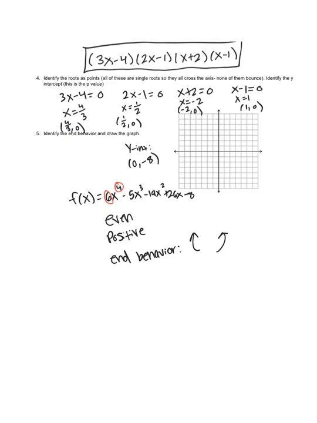So I'm going to use my y-intercept, my x-intercepts, and my end behavior to help me graph it. So I'm going to go ahead and plot my x-intercepts. So 4/3 is a little bit bigger than 1. So I'll put that one there. 1/2, -2, and 1. Oh, let me zoom this in.